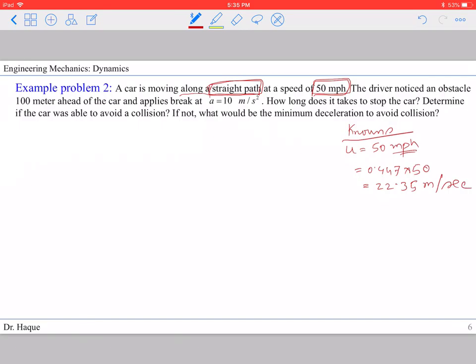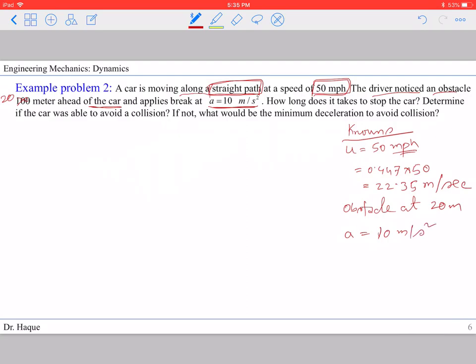It also says that the driver noticed an obstacle, it should be 20 meter ahead of the car. So the obstacle is at 20 meter distance, and the driver applied a brake with acceleration a of 10 meter per second square.